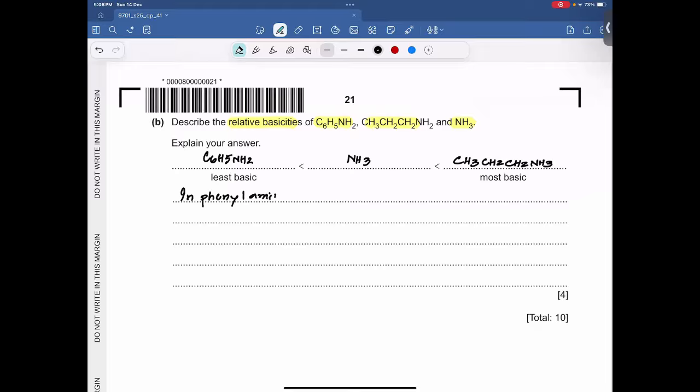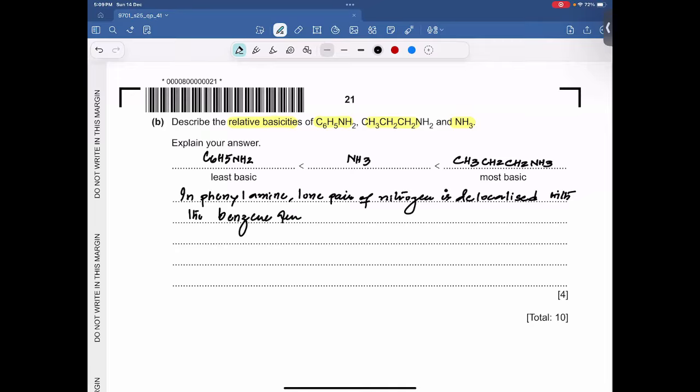In phenylamine, the lone pair of nitrogen is delocalized with a benzene ring. So the lone pair is not available for protonation.